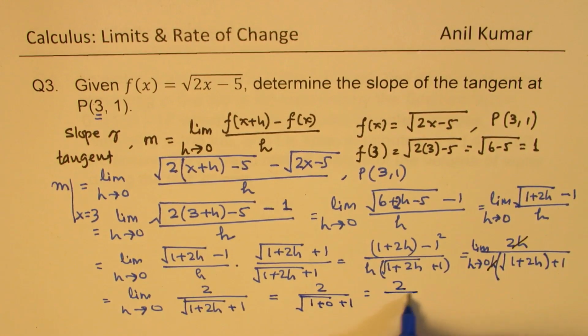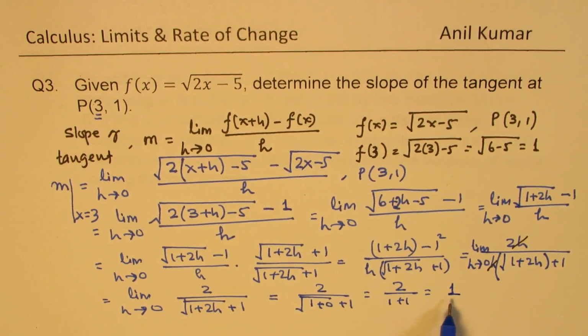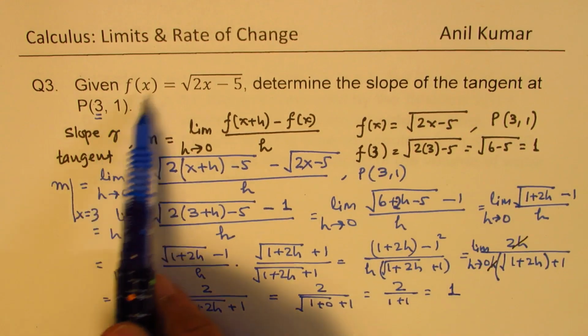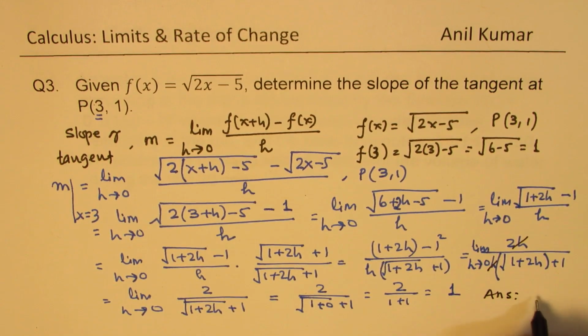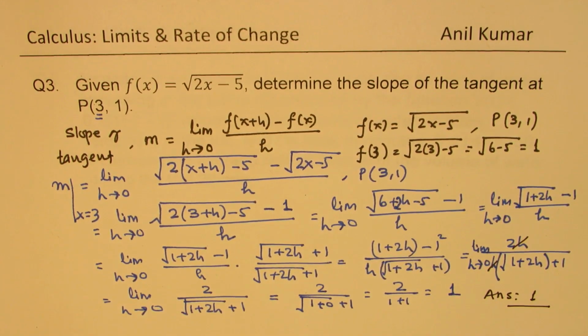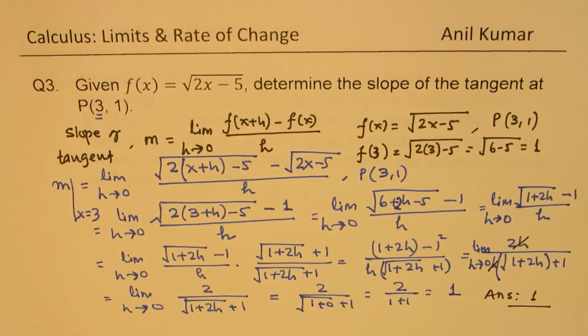So which is 2 over 1 plus 1, which is 1, correct? So 1 is the slope of the tangent line at a given point for the function. Is that clear to you? So we get our answer that the slope is 1. Is that okay?